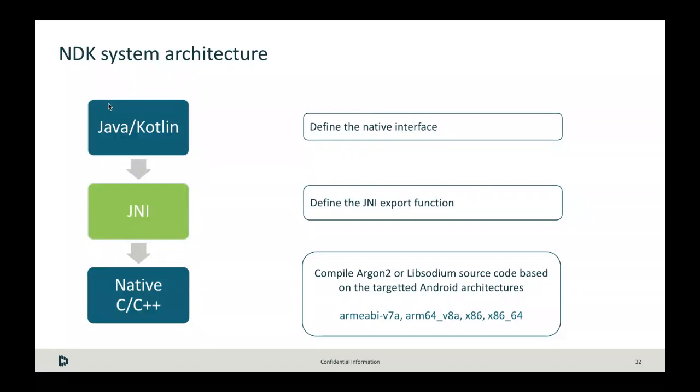First, you define your native interface in Java code, and you compile the Argon2 source code or Libsodium source code based on the target Android architecture, for example ARM64 and x86-64. Then you define the JNI export function to be called from Java, so this is a very traditional JNI system.